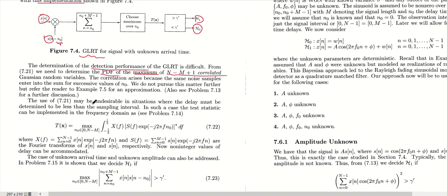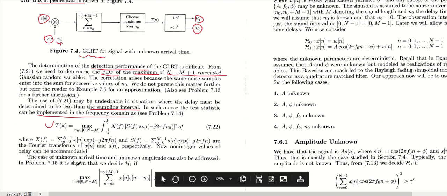The use may be undesirable in situations where the delay must be determined to less than the sampling interval. In such a case, the test statistic can be implemented in the frequency domain. Okay, so it's shifted to a frequency domain correlation, so do it by Fourier transform.